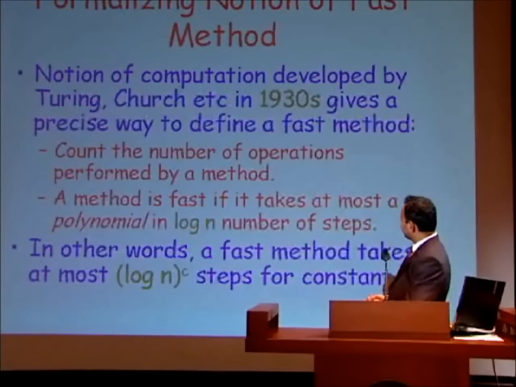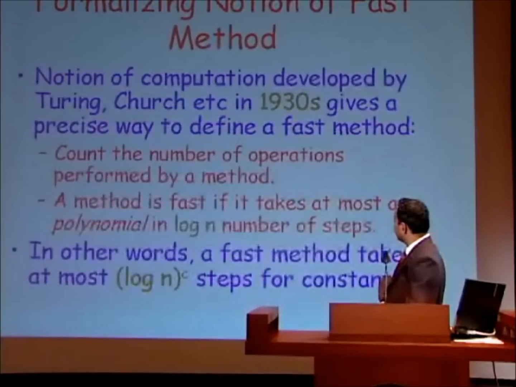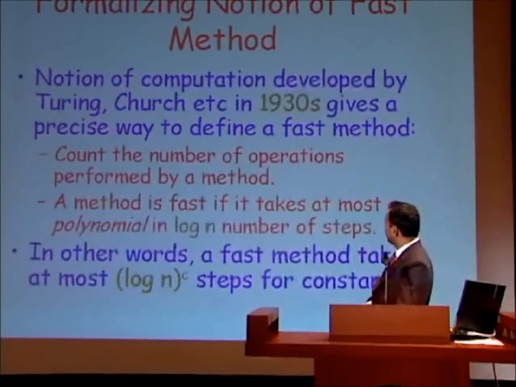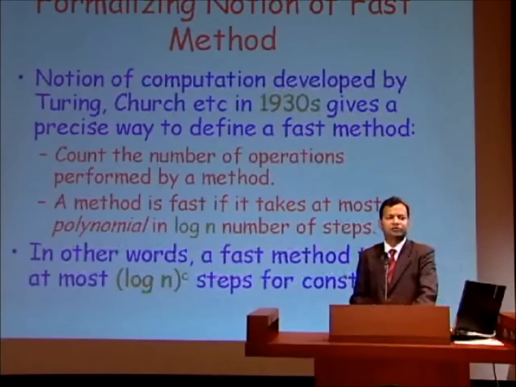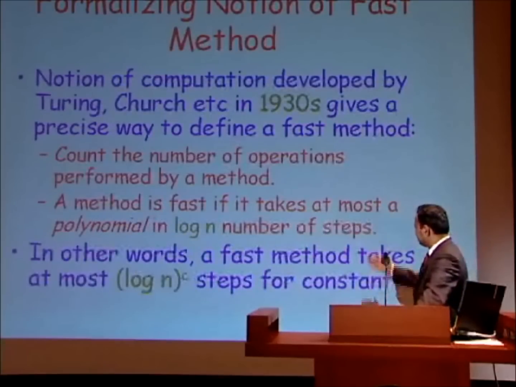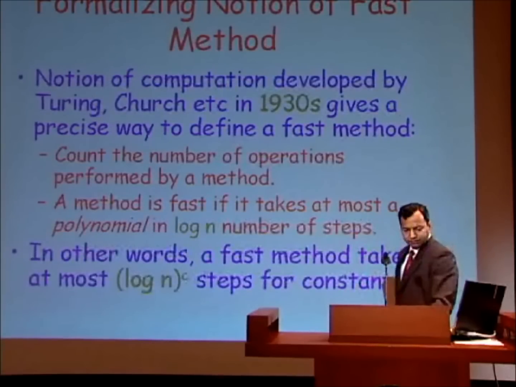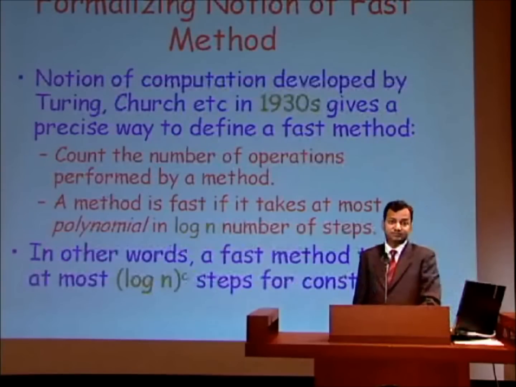And we say that a method is fast or efficient if it takes at most a polynomial in log of n number of steps. Log of n, recall, is approximately the number of digits in n. To put it differently, a fast method should take at most log n to the c steps for some constant c.